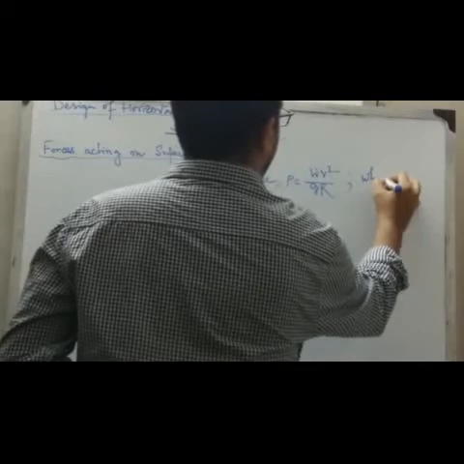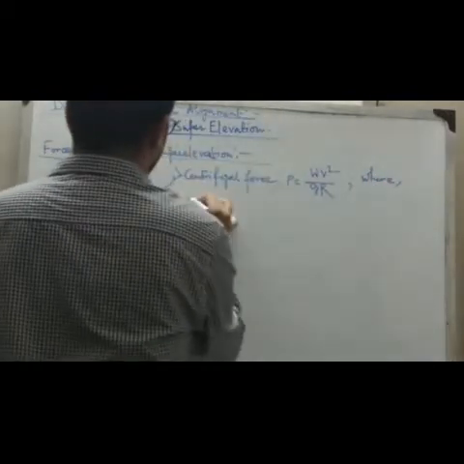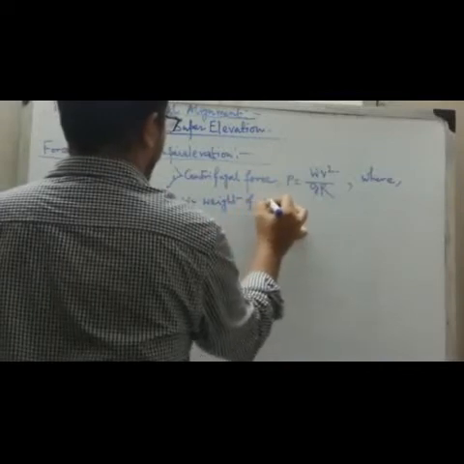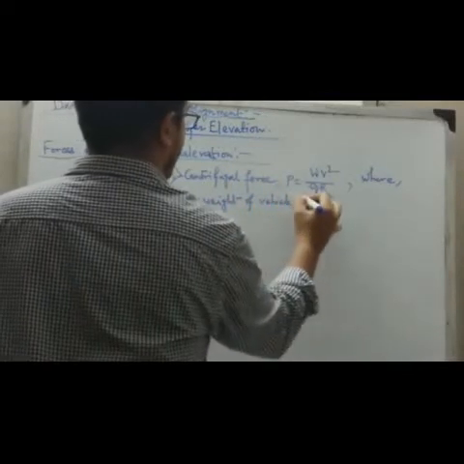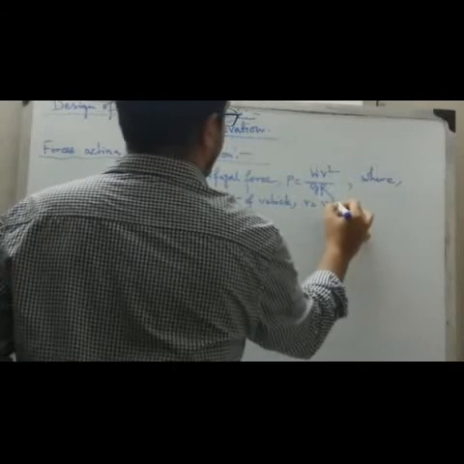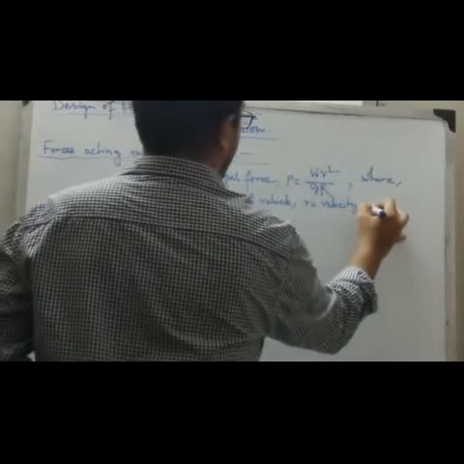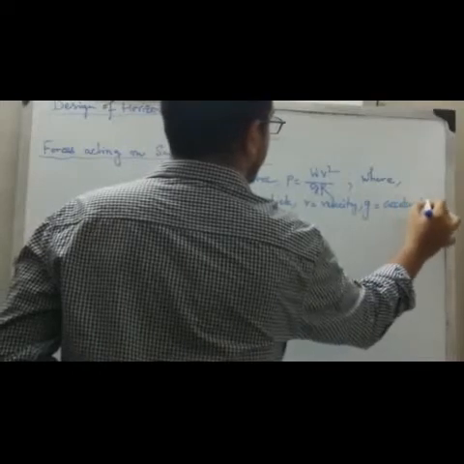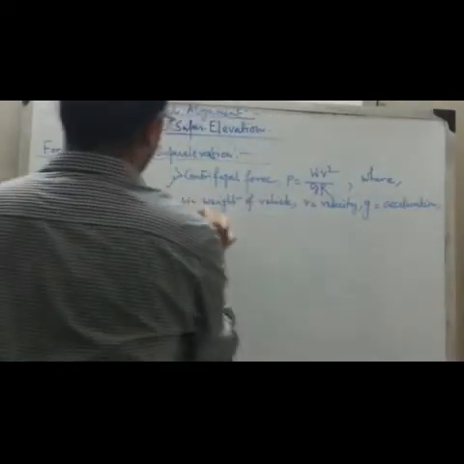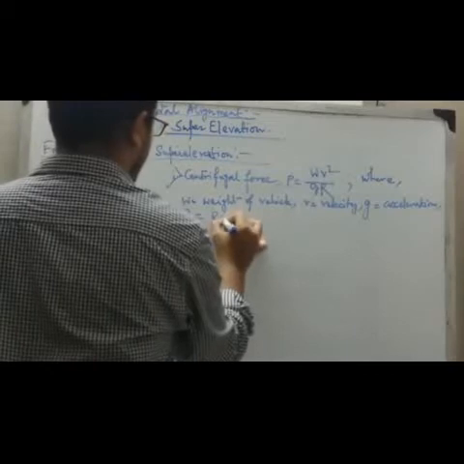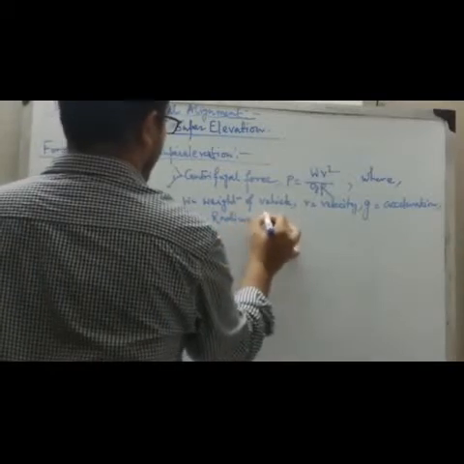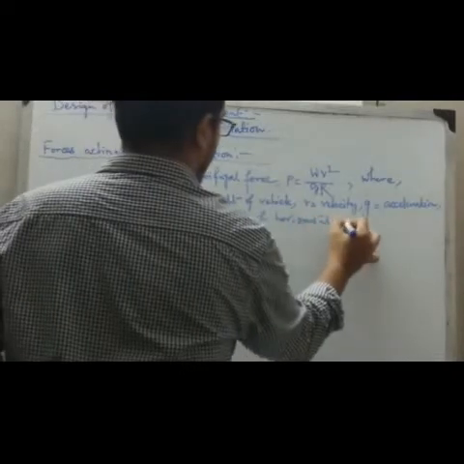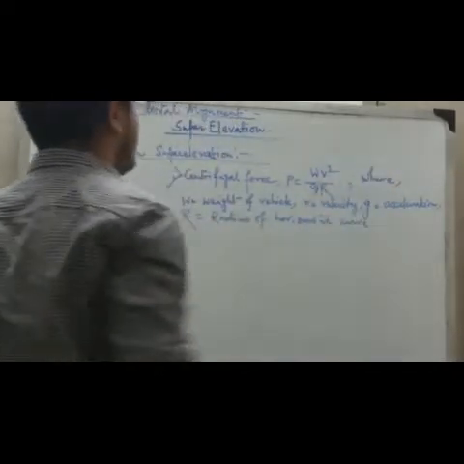So please write down: W is weight of vehicle, V is the velocity, G is the acceleration, and R is the radius of horizontal curve.